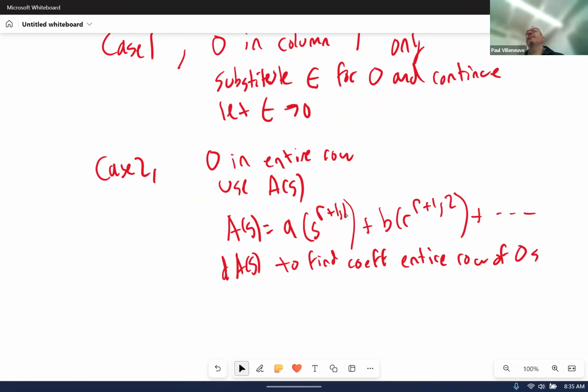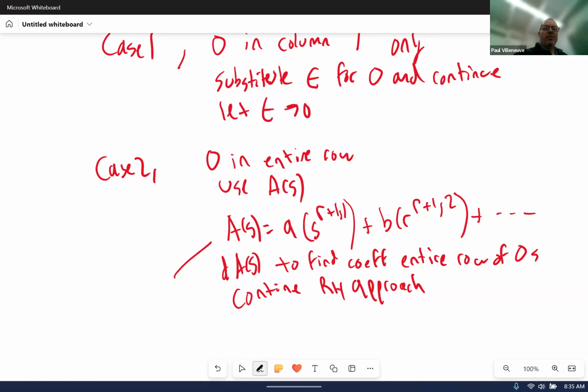And then you replace them, and then you continue. That gives you your Routh-Hurwitz.